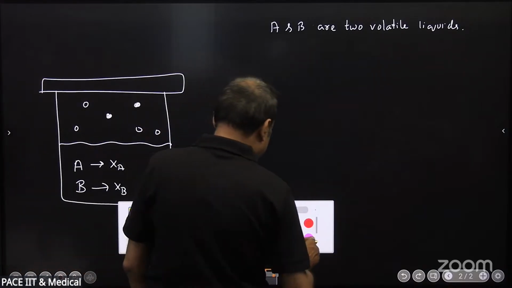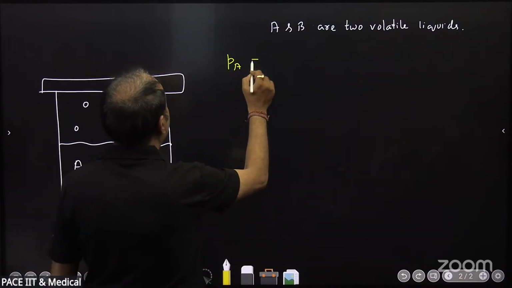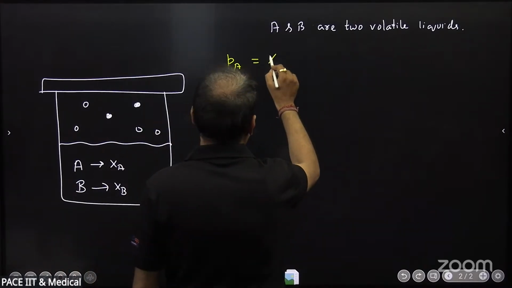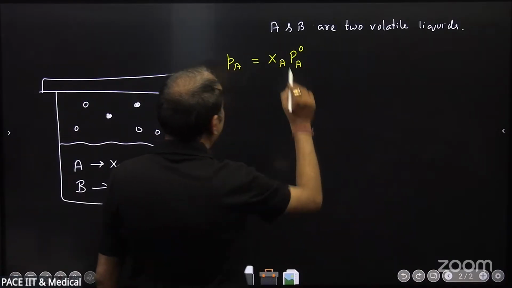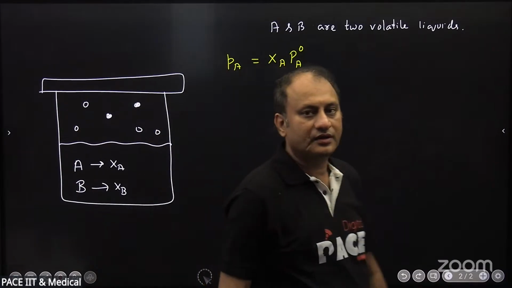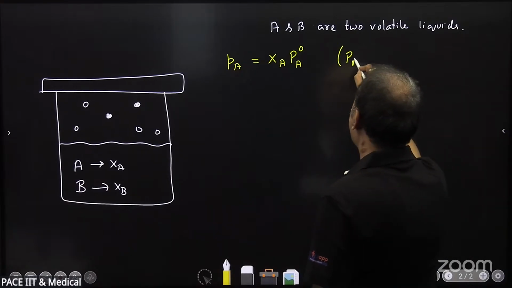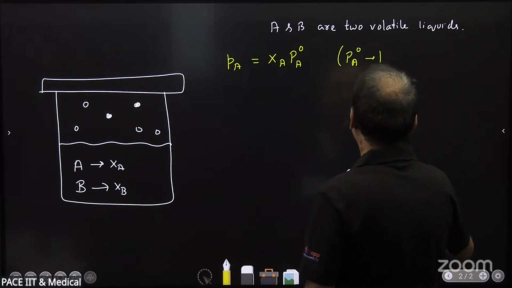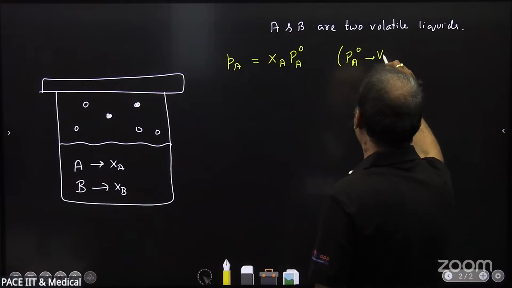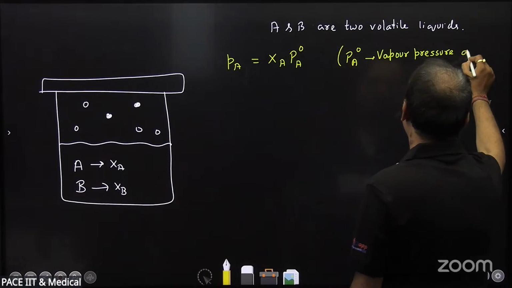So in this mixture, the partial pressure applied by vapors of A is given as XA PA0, where PA0 is vapor pressure of pure A.